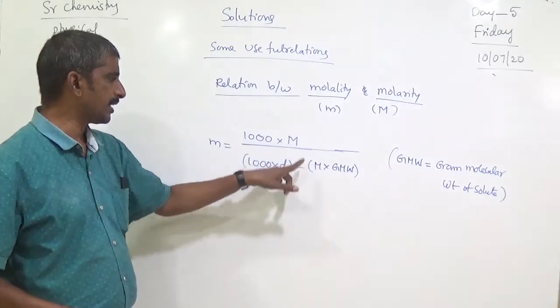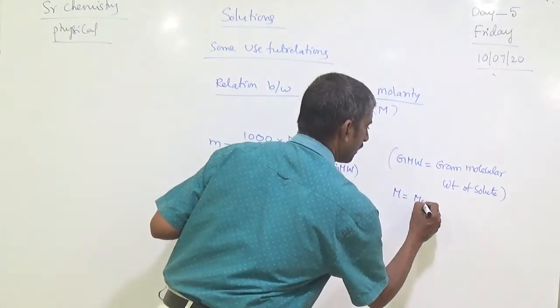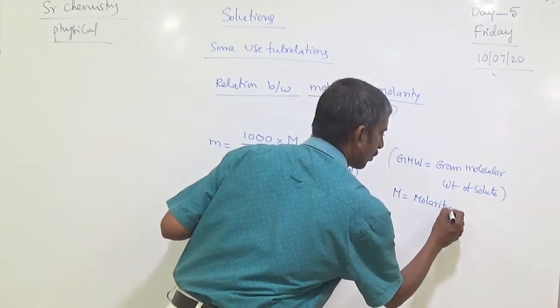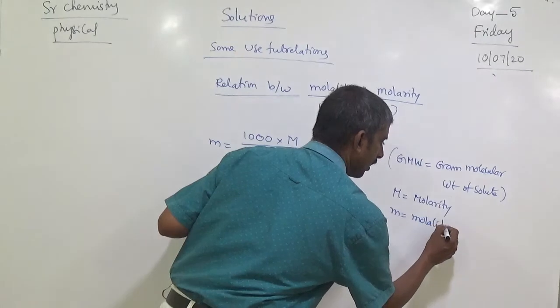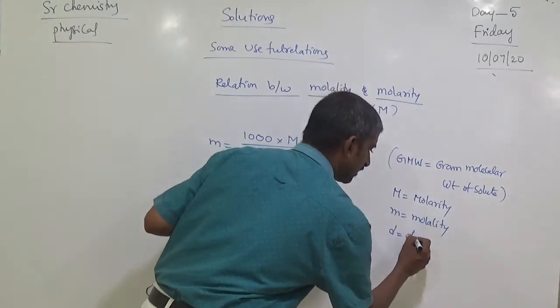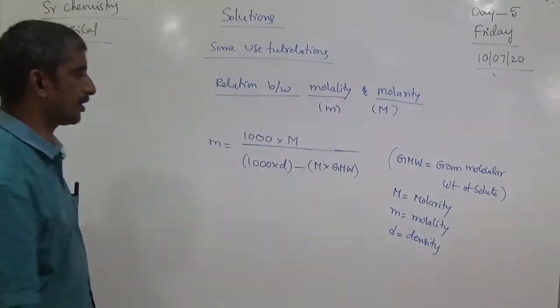Here capital M means molarity, small m means molality, and d means density of the solution.